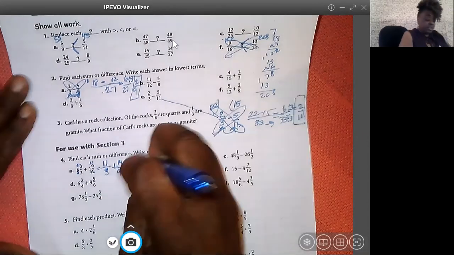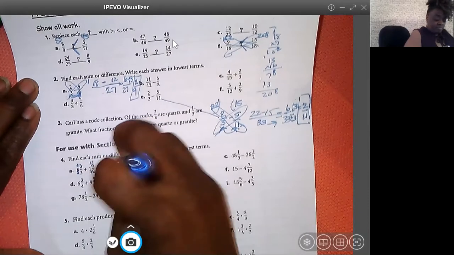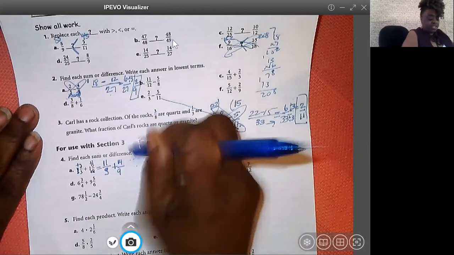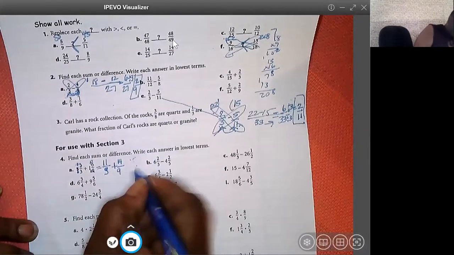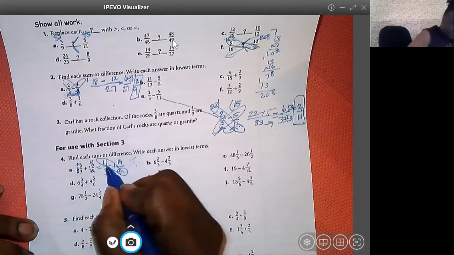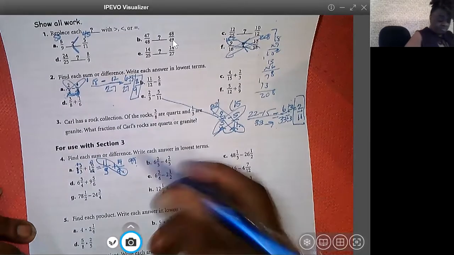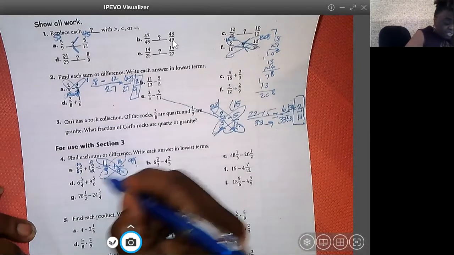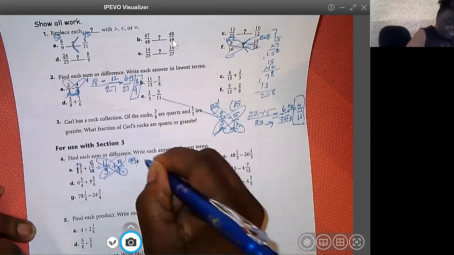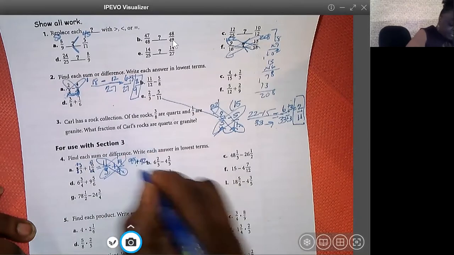Actually, that's not correct, because we have 2 different denominators. So we'll continue to do our cross product. 11 times 9 is 99. 3 times 14 is 42.